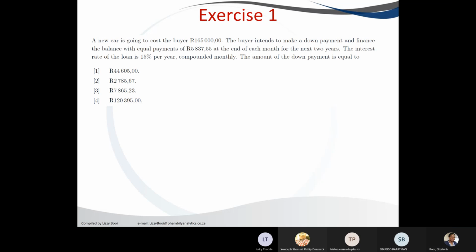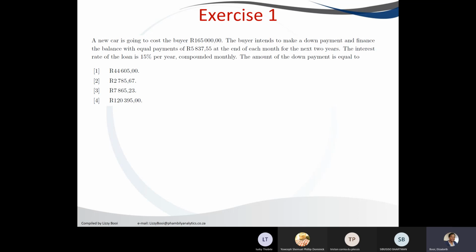Remember, he wants to make a down payment and finance the balance with an equal payment of 5,000. So what is it that he wants to calculate right now? He wants to calculate the present value, because once you calculate your present value, you will know how much, sorry, my bad.